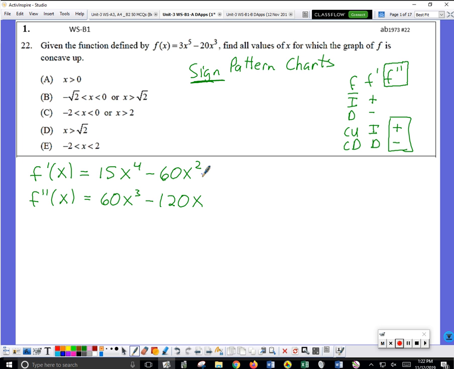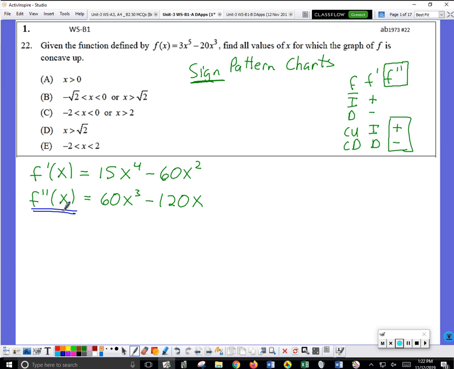Anybody else? Cool. So I need to build a sine pattern chart of f double prime. When you go to build a sine pattern chart of f double prime, like most problems, it's best if you can do it in small pieces, not one big step.